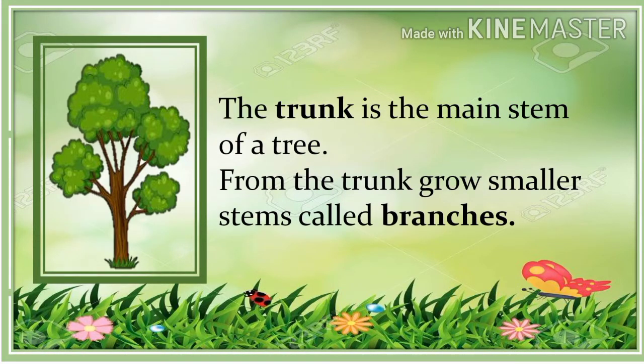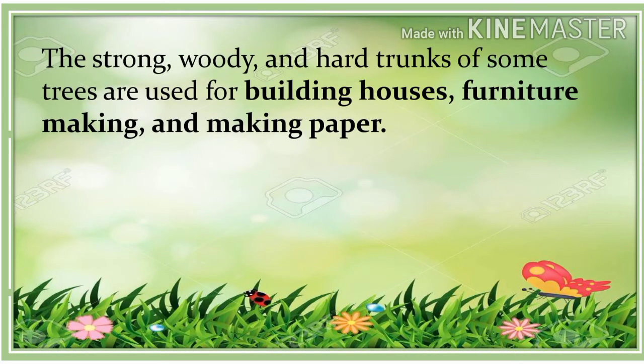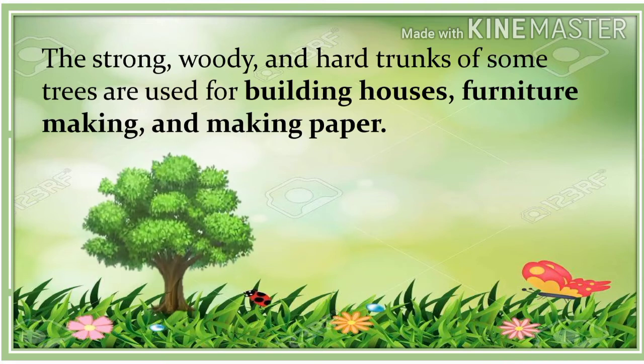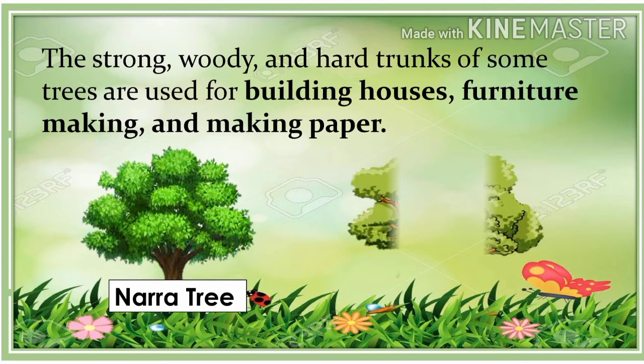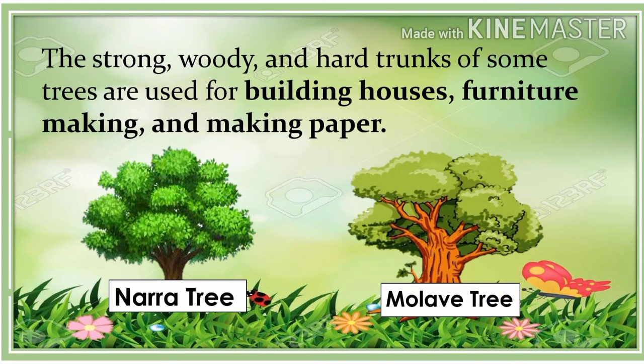From the trunk grow smaller stems called branches. The strong, woody, and hard trunks of some trees are used for building houses, furniture making, and making paper. Examples are the narra tree and the mahogany tree.